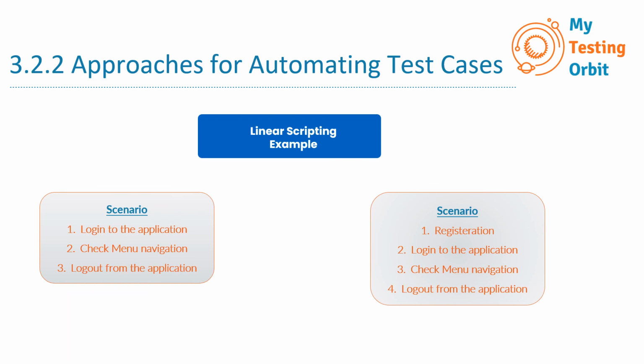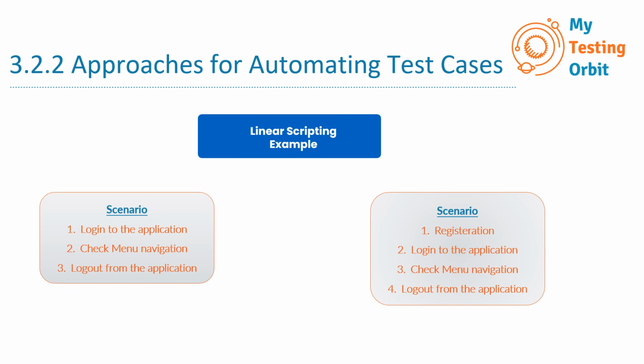Now what would be the problem in the second one? When we are registering to any application, there are some unique fields, for example an email address. If you enter the same email again and again, it will identify that you already have an account with us, so please log in using those details.